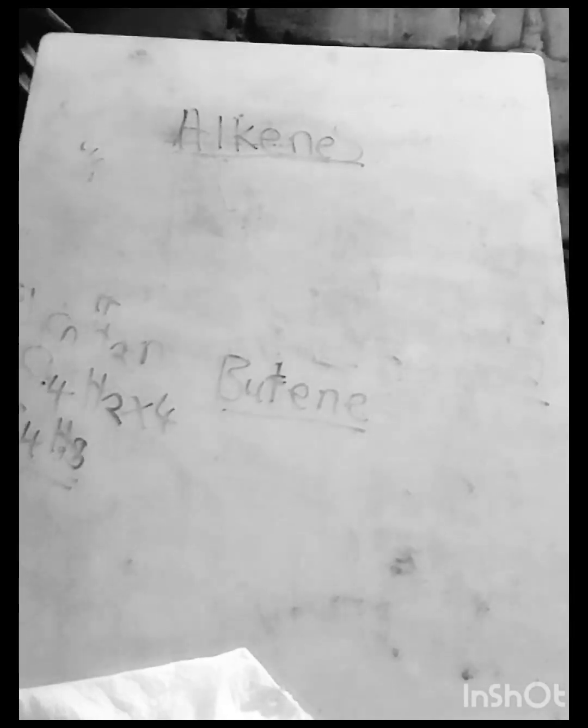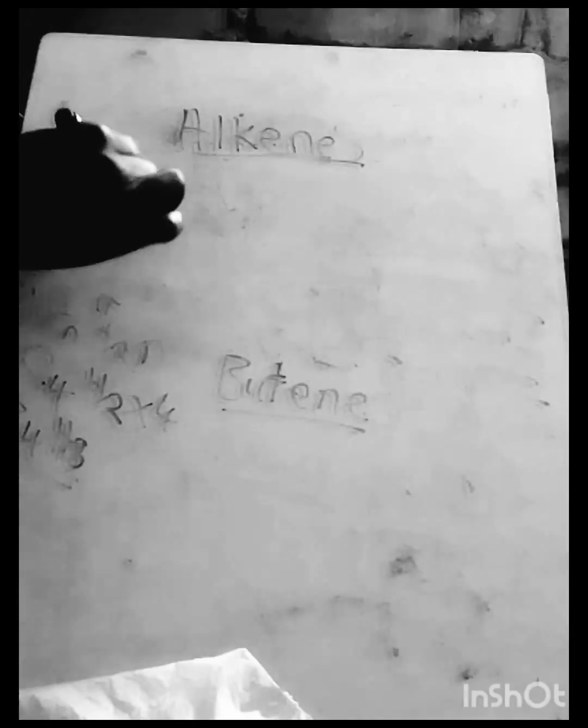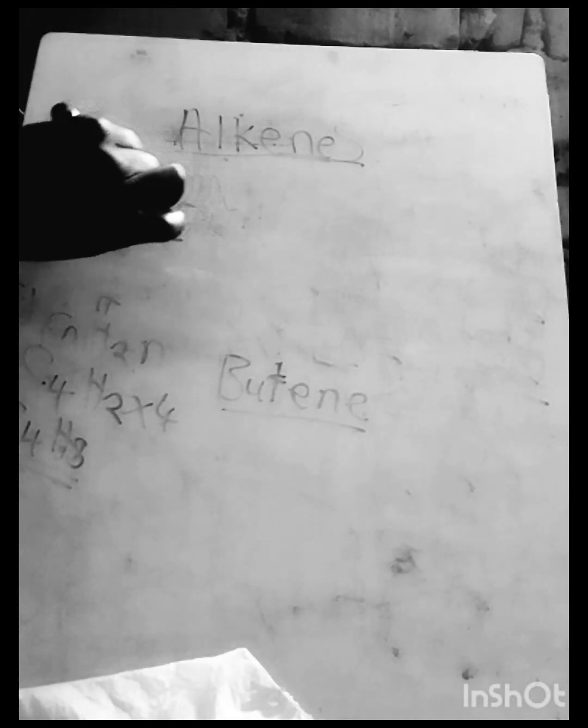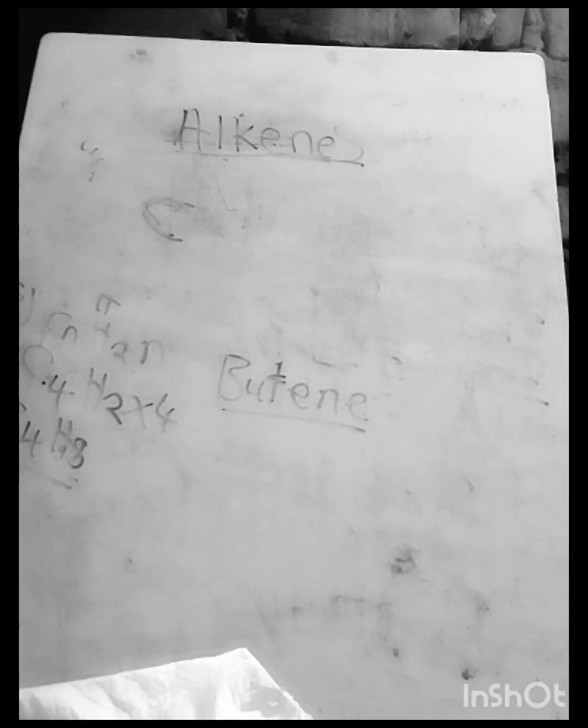How do you write the structure? There are 4 carbons here, so you put these 4 carbons in a long chain. Carbon number 1 will be here. Sorry, my marker is getting finished.